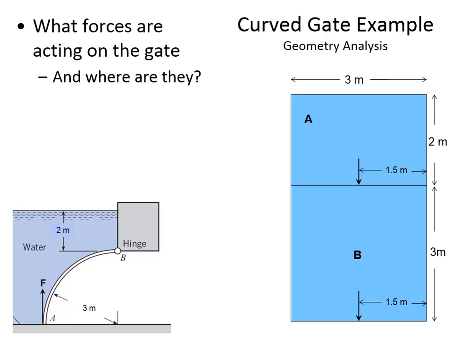But we need to be able to calculate exactly the location of where is that force located, because the water is going to be pushing down on the gate at different locations, and the moment distance is going to have an impact on the force required F to lift that gate up and open it. So we need to find out how far from the hinge B is that force located. And the process that we're going to go through is we're going to break it up into pieces.